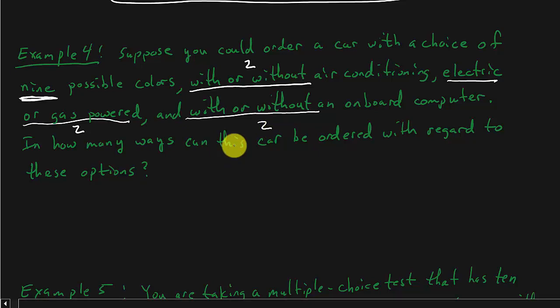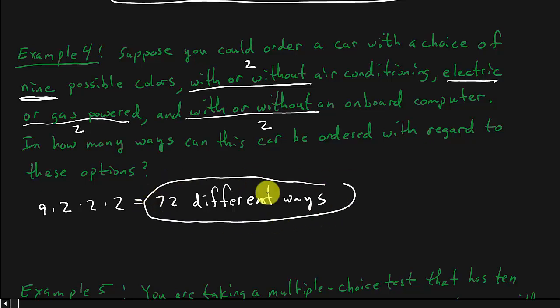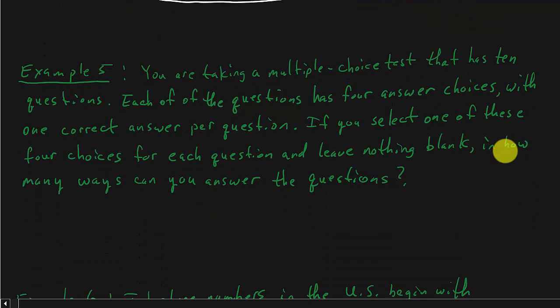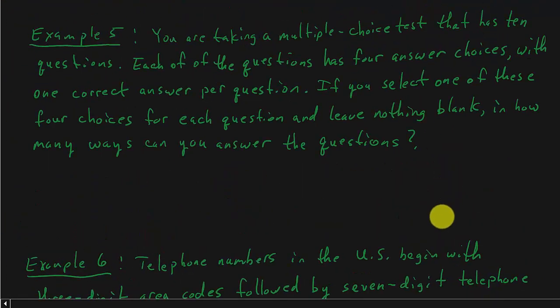We've got 9 possible choices for the color, so that's 9 times 2 times 2 times 2, and that gives us 72 different ways we can buy this car. All right, let's look at this one. We've got 2 more examples. That's not bad.